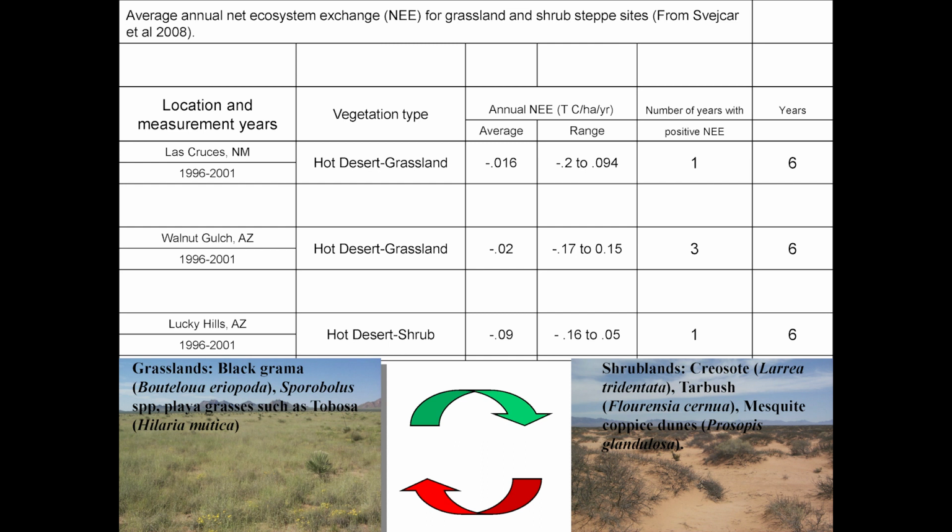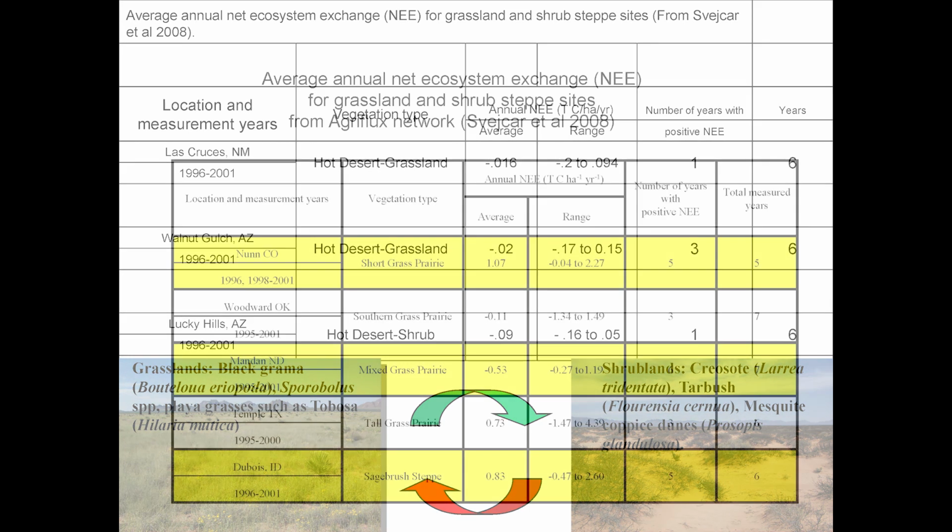That is, we increased soil carbon, and we only did that by a very small amount. Same thing in the hot desert grassland. We did a little better there, 3 years out of 6. If you look at those years, those are the years it rained more than ever, or it rained more than it did the year before. So again, almost entirely driven, really, really small changes, wide variability, and driven almost entirely by rainfall.